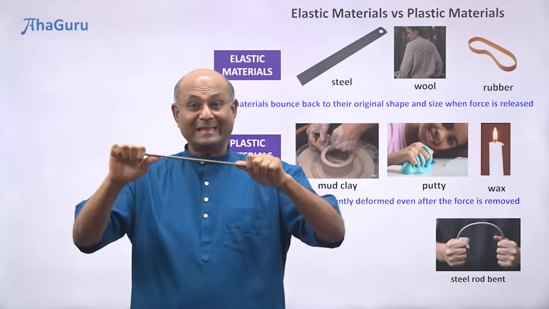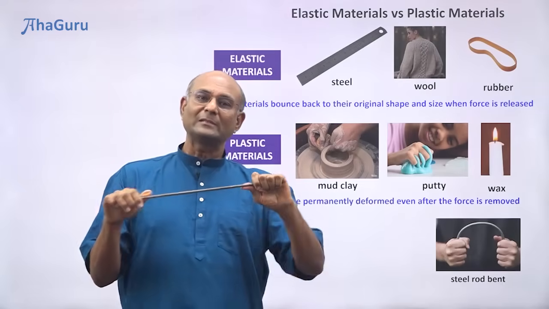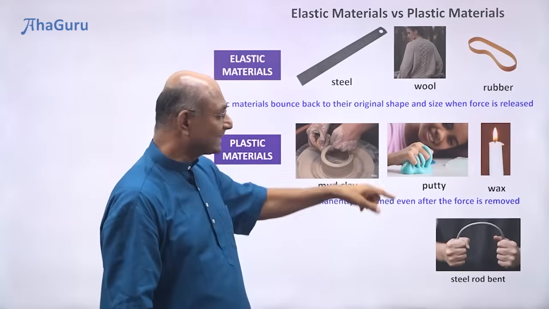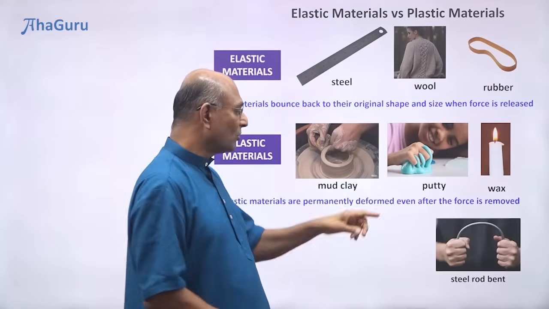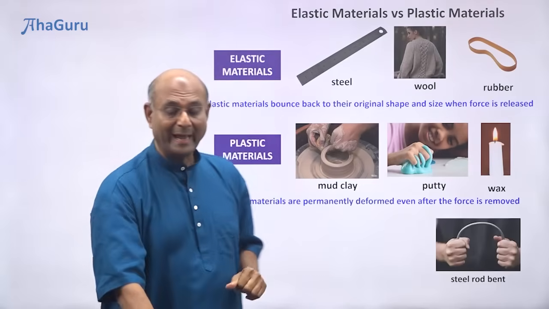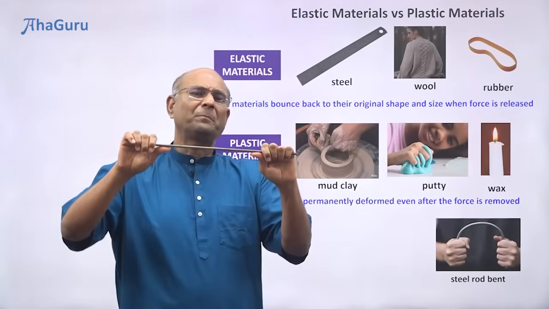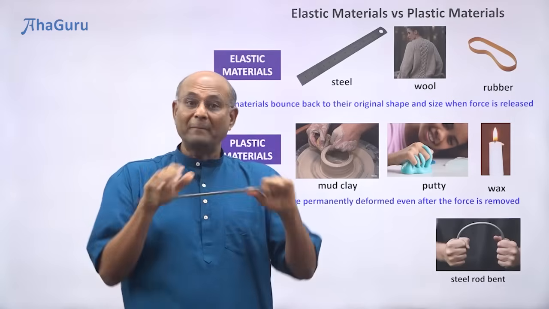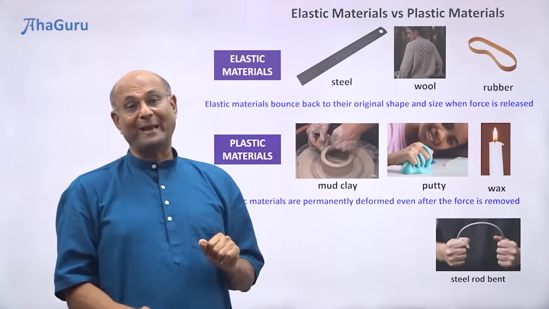If it is bent that much and you release, do you think it's going to come back? No, right? It will remain in this shape and size permanently. So this has now become plastic, right? It used to be an elastic rod, but if you exert too much force on it, then it becomes permanently deformed, so it becomes plastic.